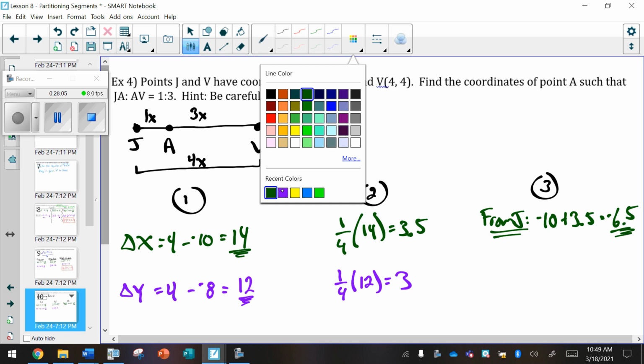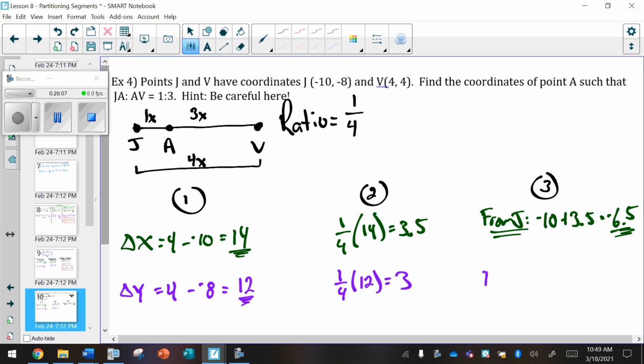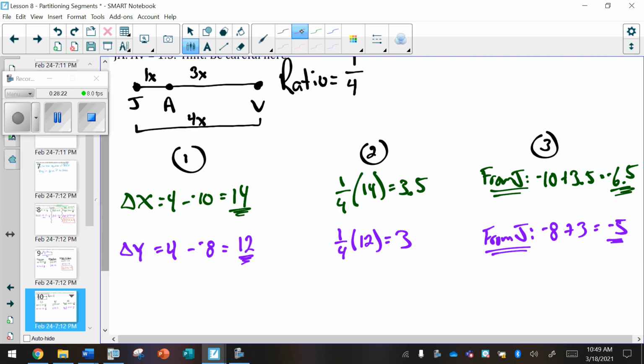And similarly, from J vertically, we go from the y coordinate negative 8 up 3 units to negative 5. That gives us a final coordinate location for point A at negative 6.5 for our x coordinate and negative 5 for our y coordinate.